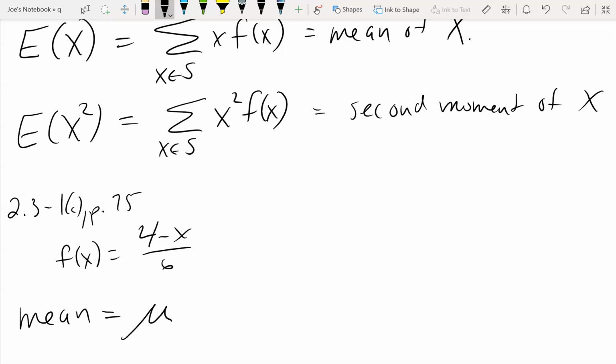Sometimes we use the Greek letter mu to denote the mean of a distribution, but that just means expected value of x. I should tell you the possible values of x here: x is 1, 2, or 3.